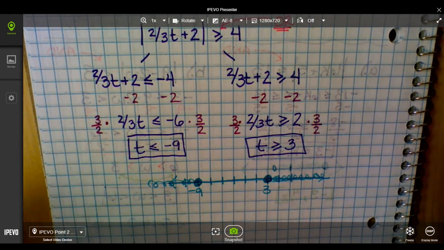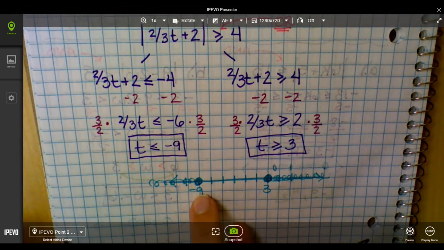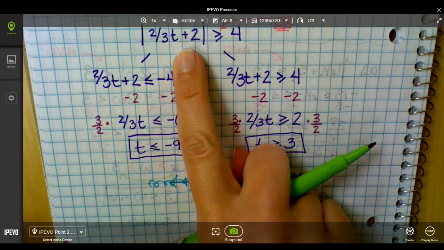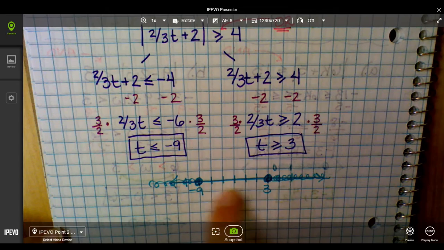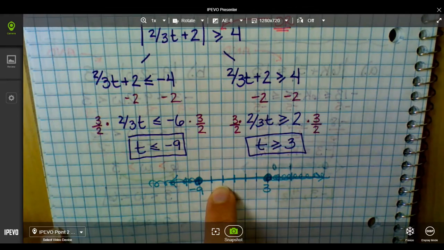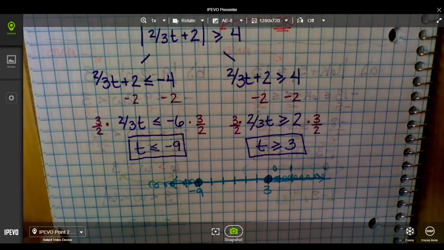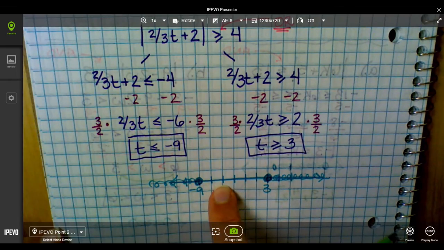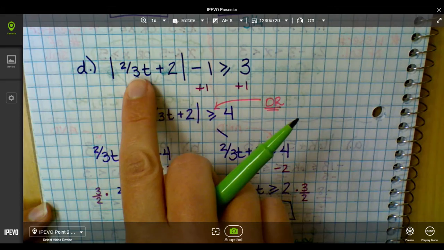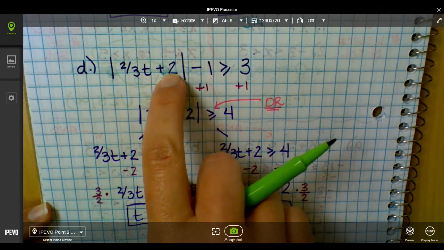And then again, if you are ever unsure if you did this right, you can always plug it back into the original problem. So say over here, notice how 0 is not getting shaded. That doesn't necessarily mean that you can't plug in 0. It's just that 0 should give you a false statement, because I just like plugging in 0 since it's the easiest number to plug in. So let's go back to this original problem and plug in 0. 2/3 times 0 is nothing. Nothing plus 2 is just 2.